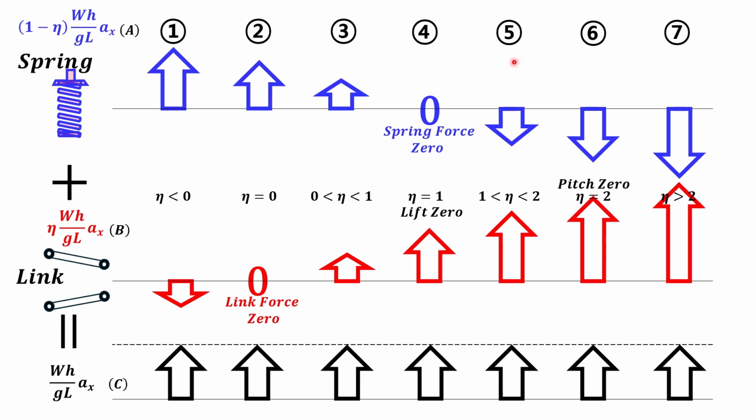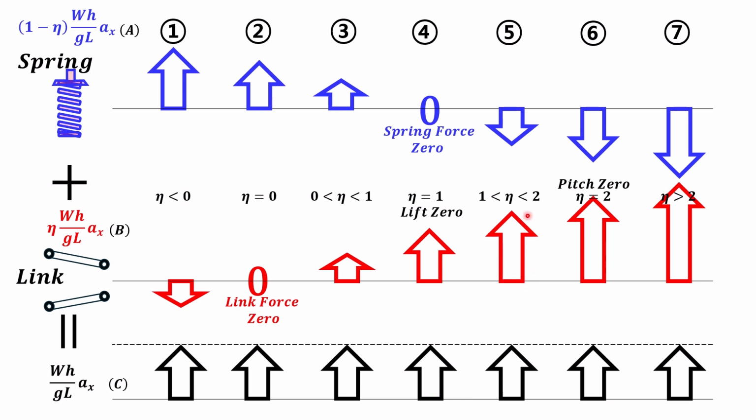Number 5 indicates that, if the virtual reaction point lies between the lift 0 line and the pitch angle 0 line, the eta is greater than 1 and less than 2, meaning the vertical force compressing the spring acts downward, and the vertical resultant force tensioning the links acts vertically upward.